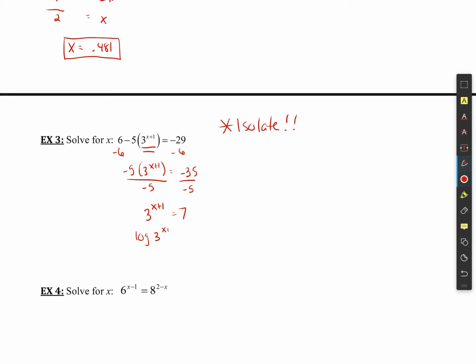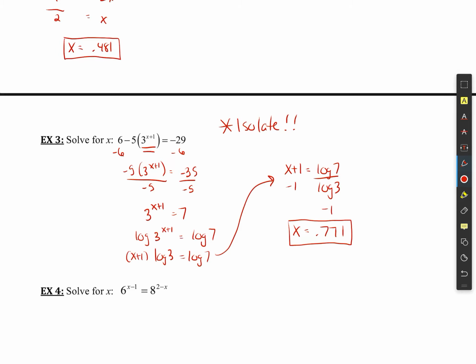Log 3 to the x plus 1 equals log 7. The exponent comes in front. X plus 1, log 3 equals log 7. I divide by log 3. X plus 1 equals log 7 over log 3. Subtract 1. X equals 0.771. Final answer. All right, I'm going to end this video right now.